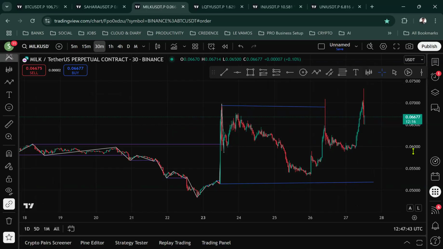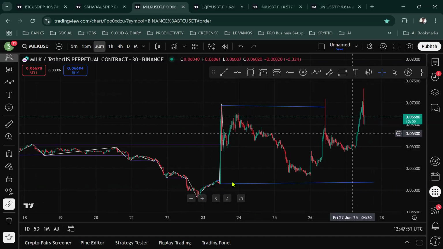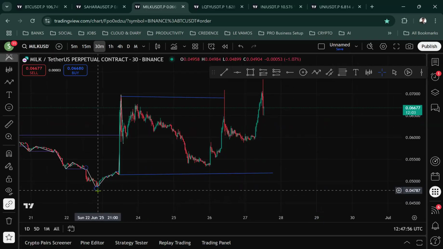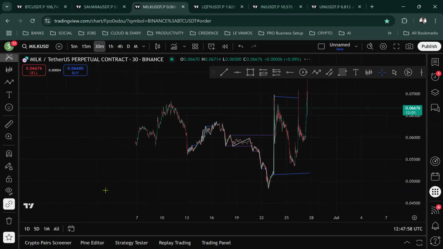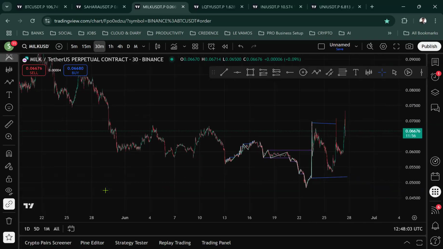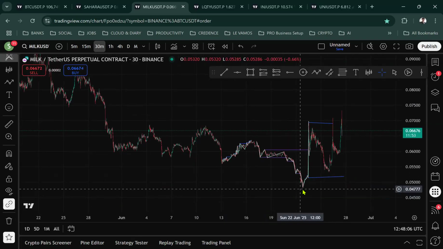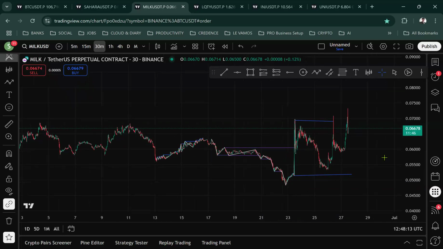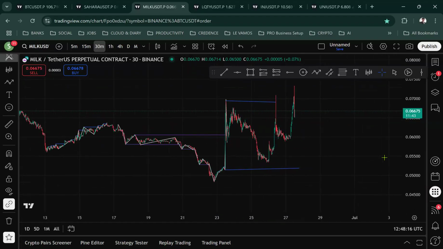So it was a downtrend up to this down point here. Yes, I can say it's a downtrend only, up to this point. Correct?